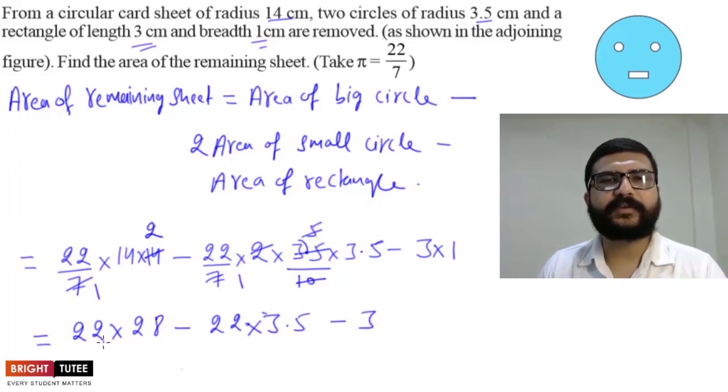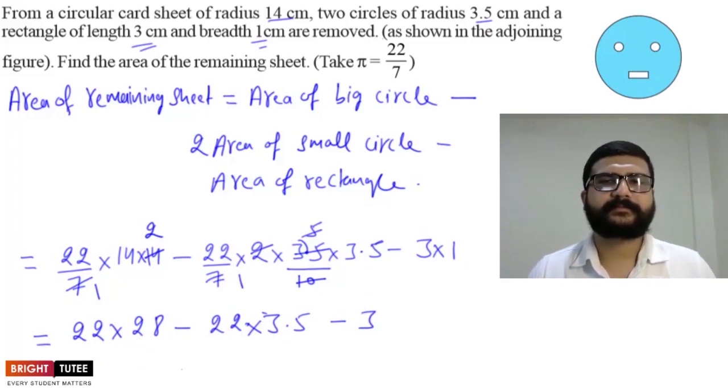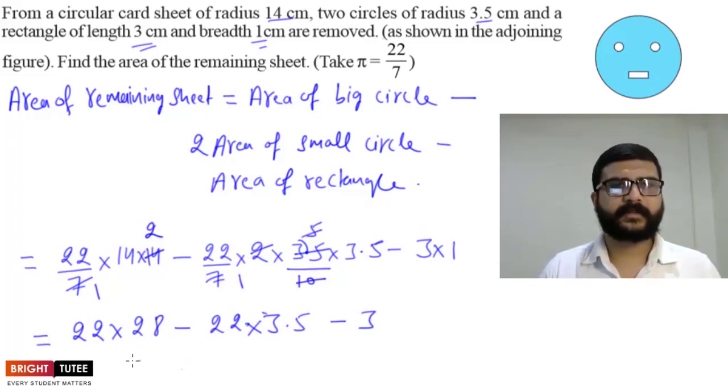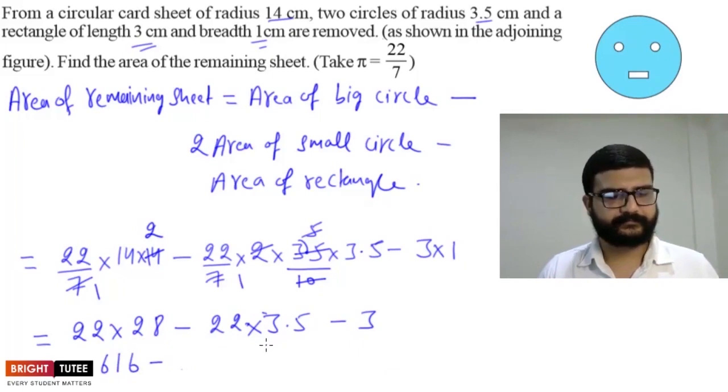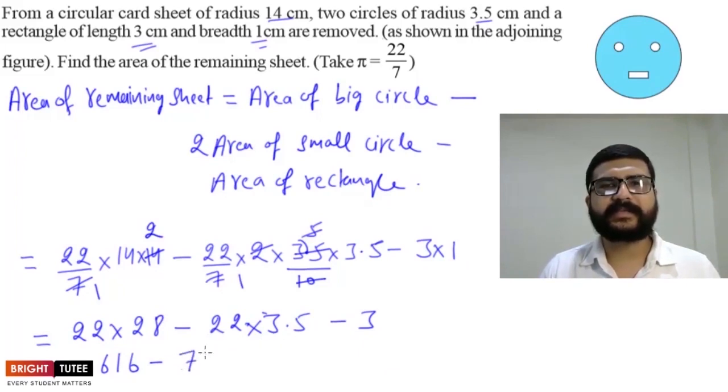Now what is 22 into 28? We know how to multiply two numbers. 22 into 28 will be 616 minus 22 into 3.5. Now 22 into 3.5 will be 77 minus 3.